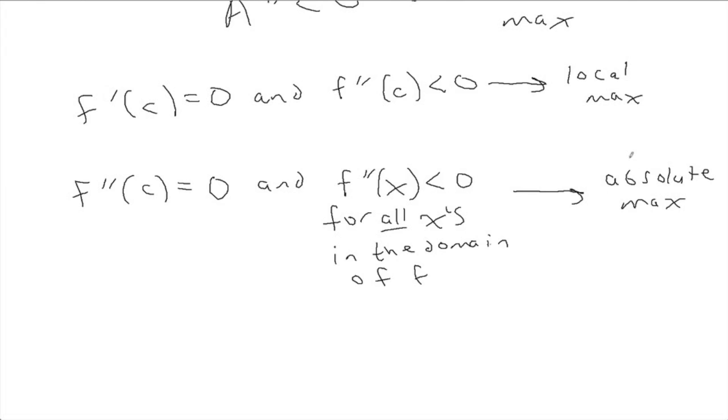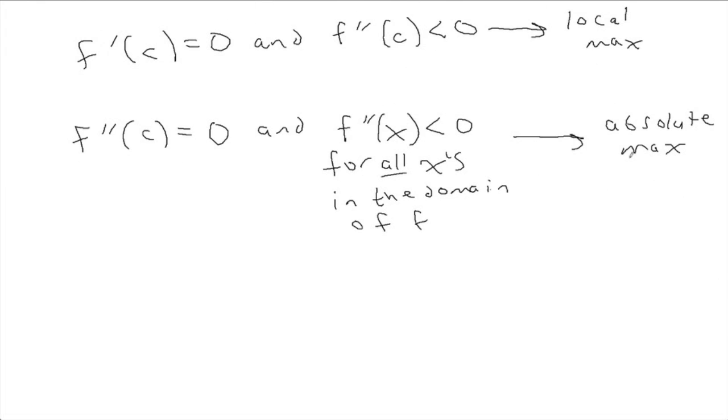And that really should be kind of intuitive, because this would just mean that the function is concave down everywhere. Well, if the function is concave down everywhere, then it can only have one maximum, and that must be this point right here. So this is slightly different from our old rule. This is how we prove we have an absolute maximum. It's not good enough that f double prime is negative at the critical number. It has to be negative at all x's in the domain to have an absolute max.